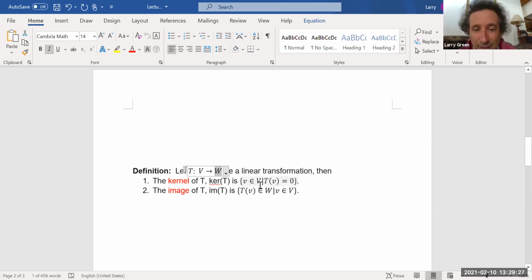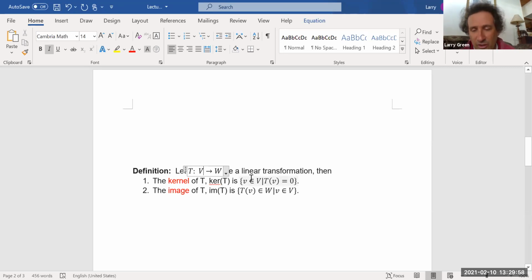It's a 0 in W because it's T of v. If you apply T to a vector in V, you end up with a vector in W, and that says that vector will be the 0 vector in W. Any questions on that? So it's all the vectors in V that get sent to the 0 vector in W. Is that clear?